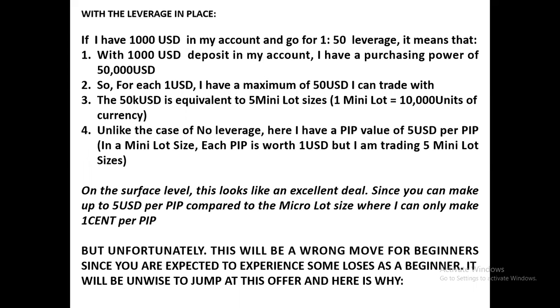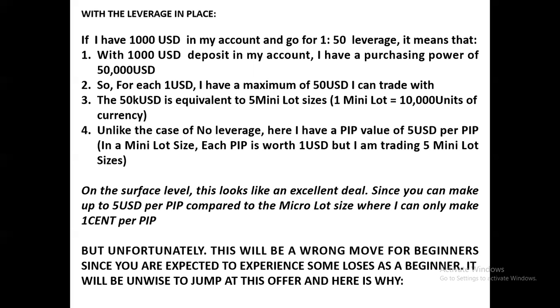So for each $1, I have a maximum of $50 I can trade with. For each $1 I'm willing to part with, the Forex broker is willing to give me $50 to trade with. So the $50K is equivalent to 5 mini lot sizes.